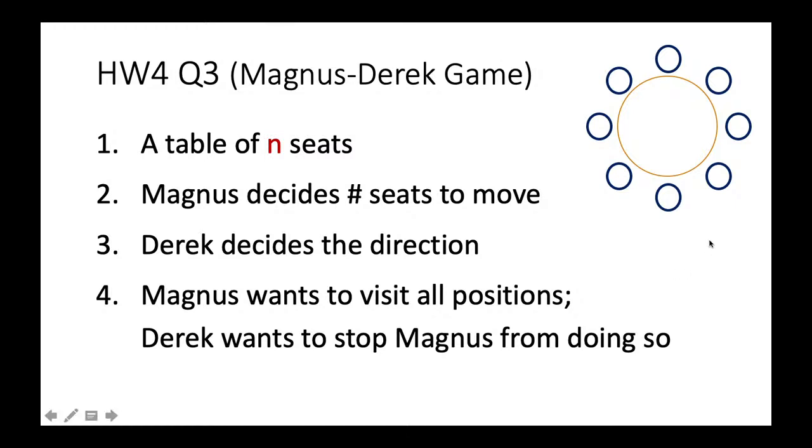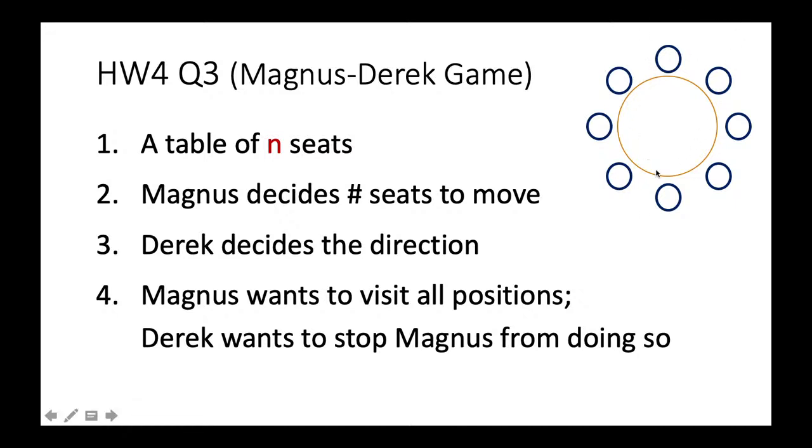So every turn, Magnus specifies the number of seats that he wants to move around, and then after that, Derek will decide the direction. So for instance, let's say Magnus stays here and says 0, then Magnus will visit this position. And then let's say Magnus says 4. Then Derek decides whether Magnus should go in the clockwise or in the anti-clockwise direction.